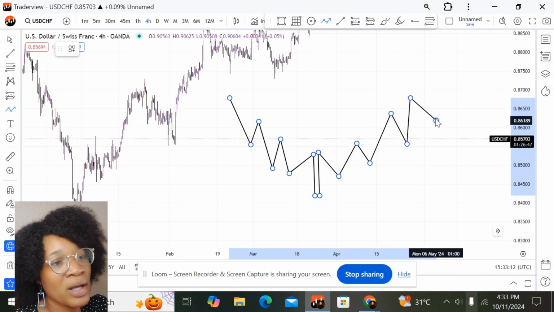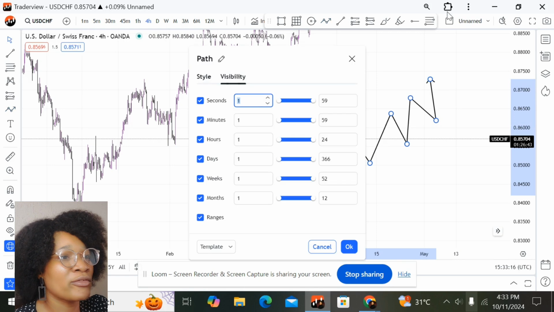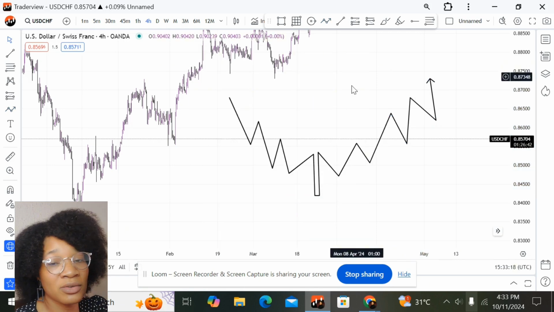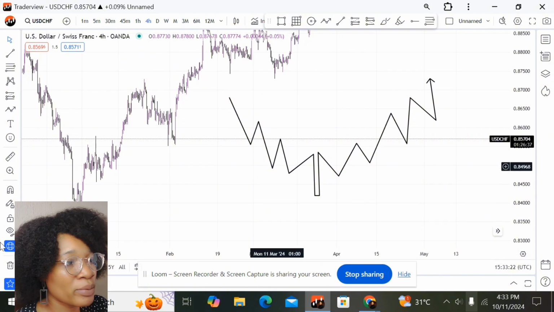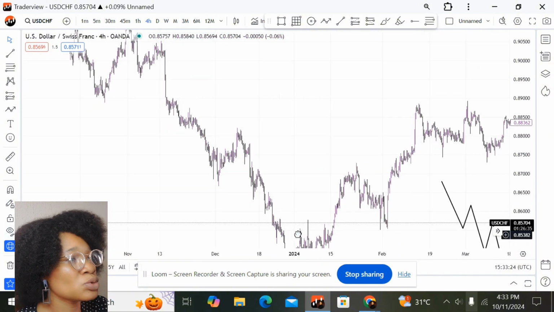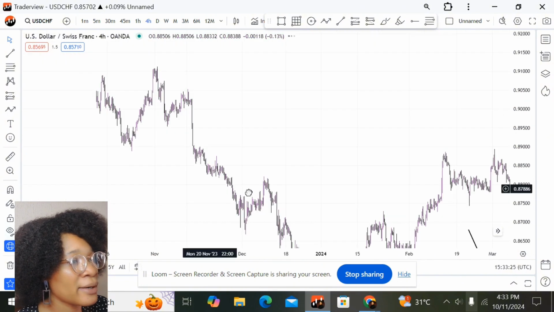This is a pipe bottom. If you find it at the end of an uptrend, clearly that is a pipe top, right? So just use it to your advantage.